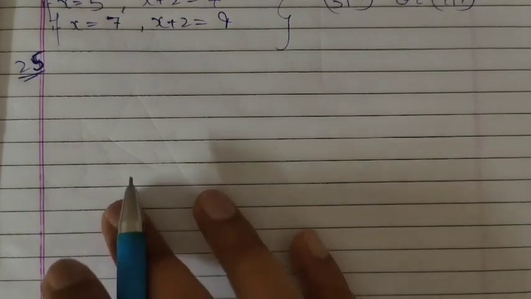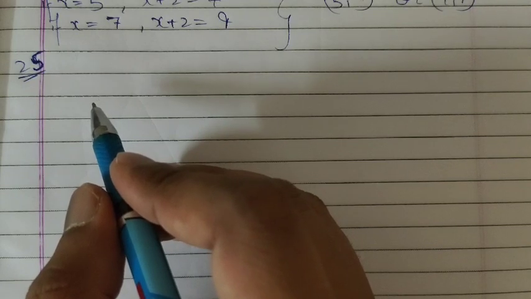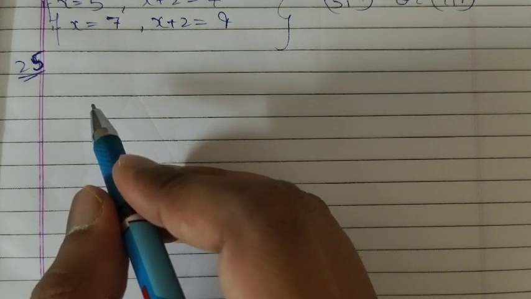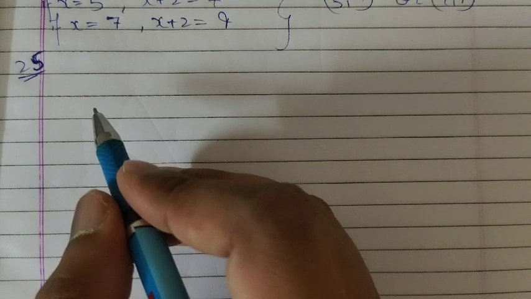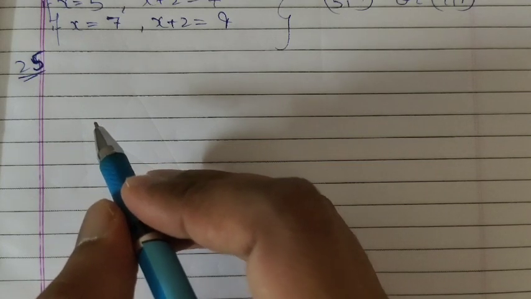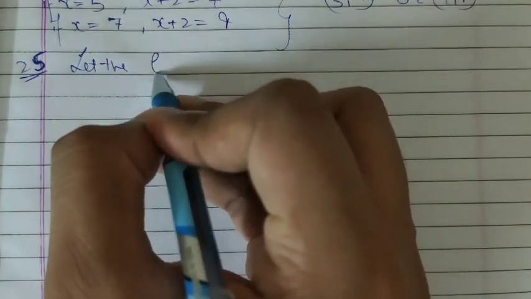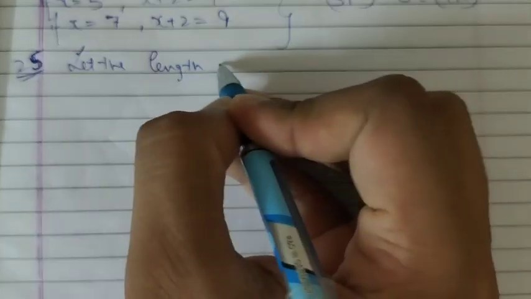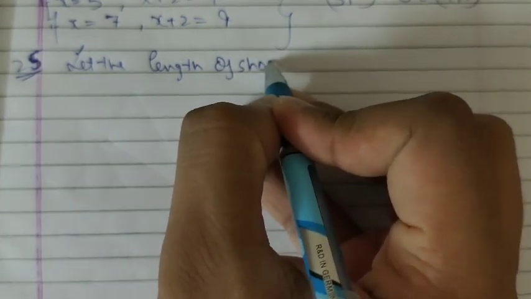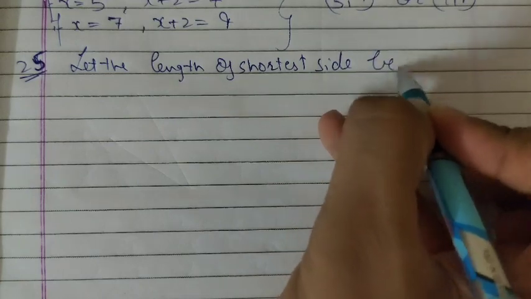The longest side of a triangle is 3 times the shortest side, and the third side is 2 centimeters shorter than the longest side. If the perimeter of the triangle is at least 61 centimeters, find the minimum length of the shortest side. So let the length of shortest side be x, right?